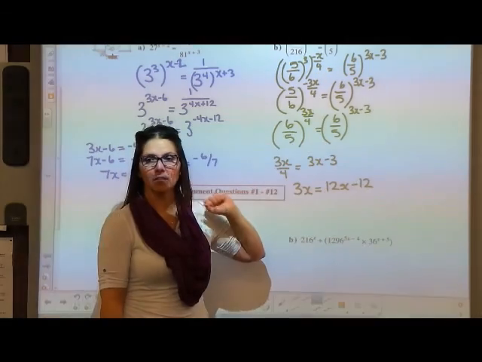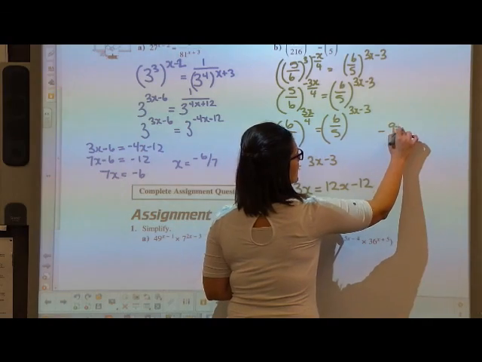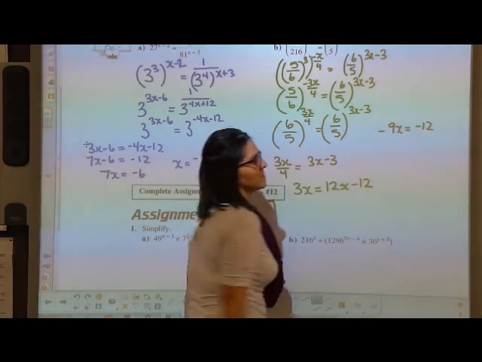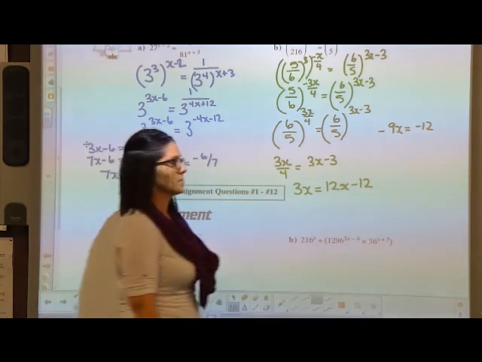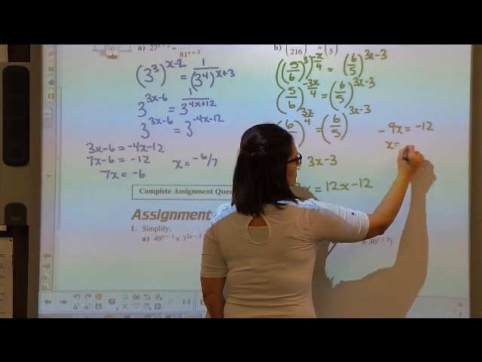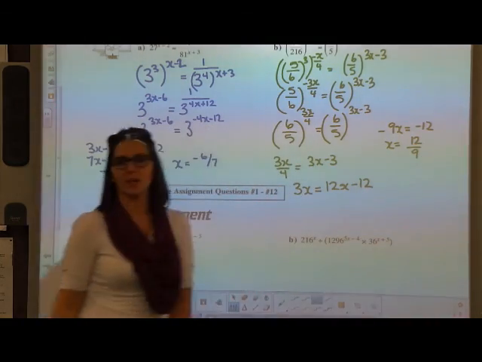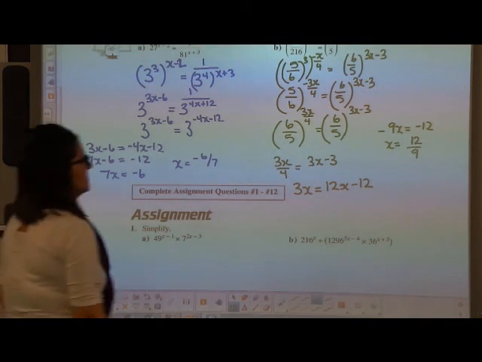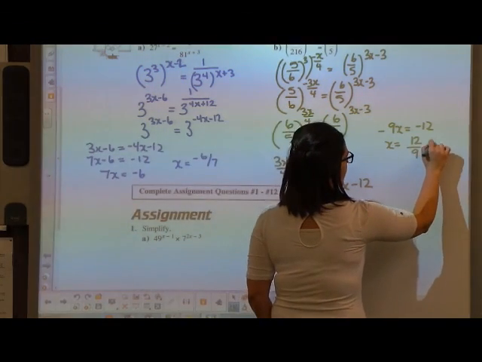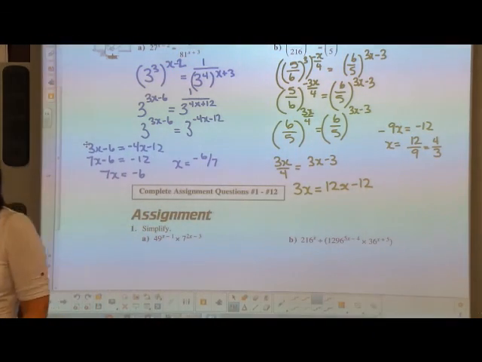So what's 3x minus 12x? I get negative 9x equals negative 12. So then x would equal negative 12 over negative 9. The negatives would cancel, and I'd get 12 ninths. Is that simplified? 4/3. Yes, we do have to simplify it to 4/3. We need to make sure our fractions are in simplest form.